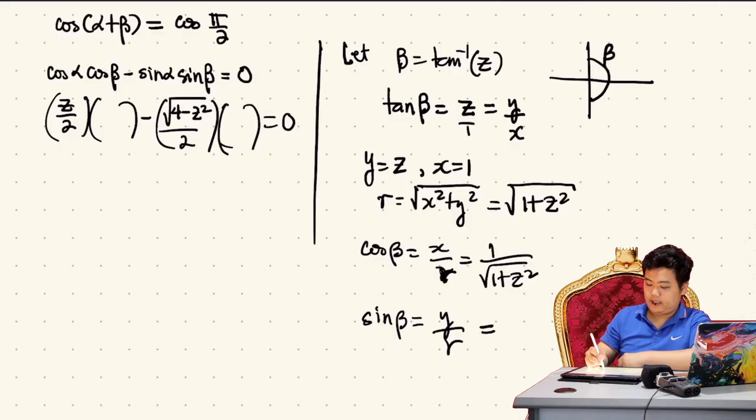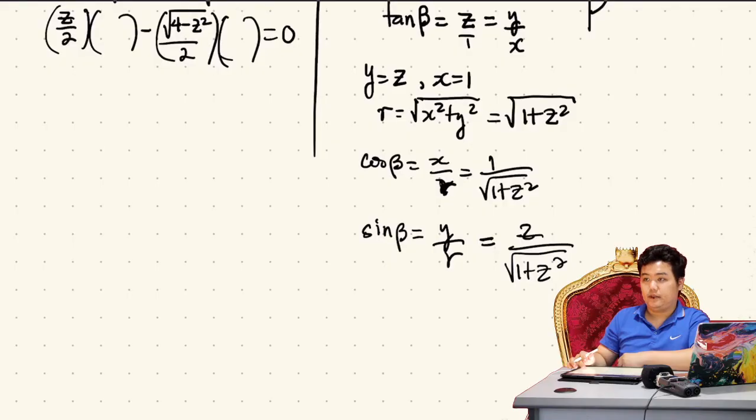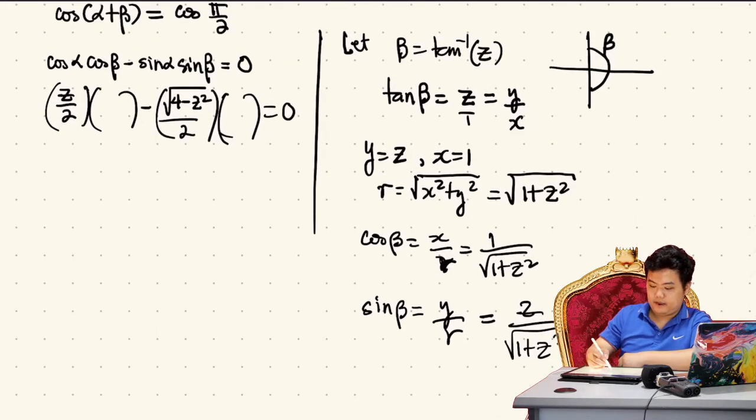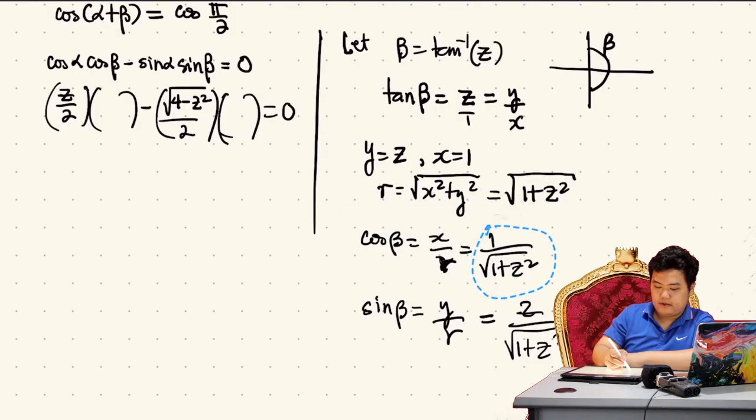Y natin is z over square root ng 1 plus z squared. Okay, so ipa-plug in na natin yan. Cosine dito, sine. Well, I need space. So let me just copy this. Okay, so andun siya. Resize natin.